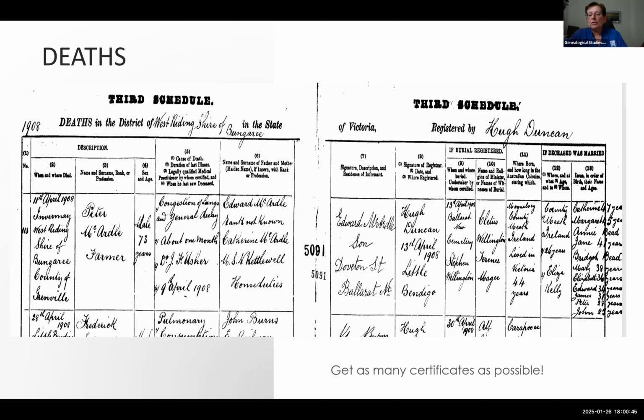He was born in a small parish called Moynelvey in County Meath in Ireland. How helpful is that? Moynelvey is the parish we've got to look at in Ireland, and he lived in Victoria for 44 years. Is that going to be helpful? Yes. It's going to give us roughly when he came out to Australia.